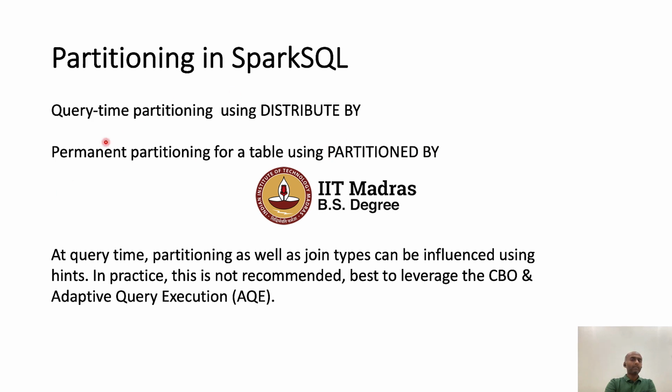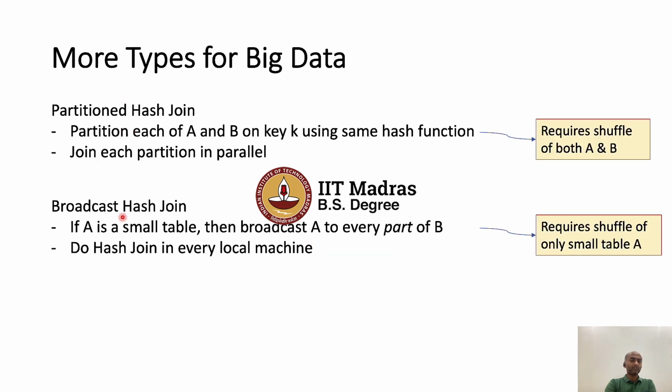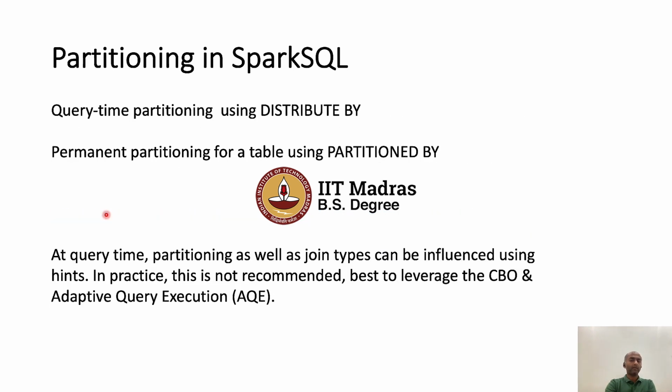So these partitioning concepts can be specified at the point of querying, like I mentioned. You could also ask the optimizer, especially in SparkSQL, to use one of these join types. Like you could say, use broadcast hash join, or use nested loops, use blah blah blah, right?